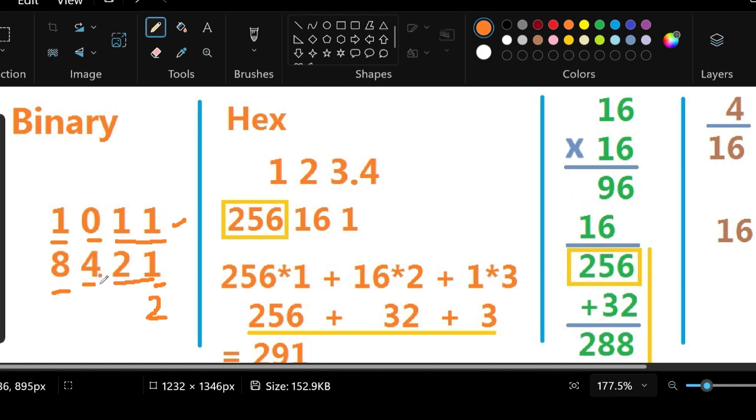Now how did we do 2 and then 4 and then 8 right away? We have to remember something about 2 to the 0, anything raised to 0 is 1. 2 to the 1 is 2. 2 to the 2 is 4. 2 to the 3 is 8. Okay?